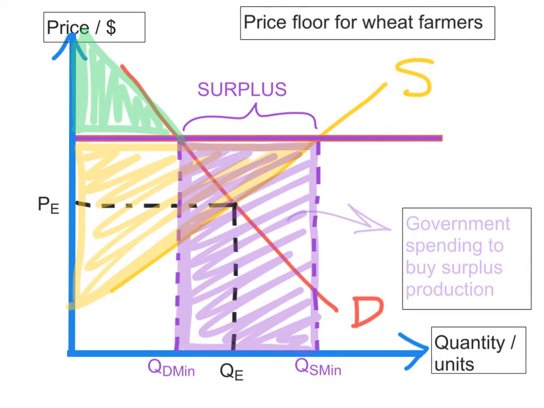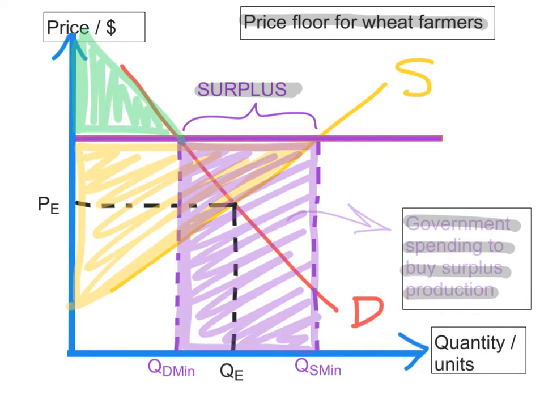So the government basically has to interfere in the market yet again and buy this surplus or this excess supply due to the price floor being set for the wheat market. This area shaded in purple, this purple rectangle here, is how much the government will spend to buy that surplus production. So there's all this wheat being farmed that no one's buying.